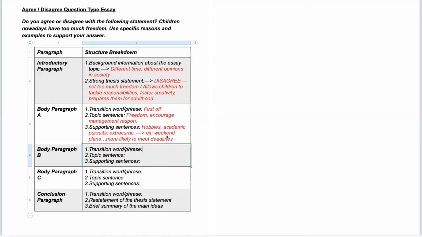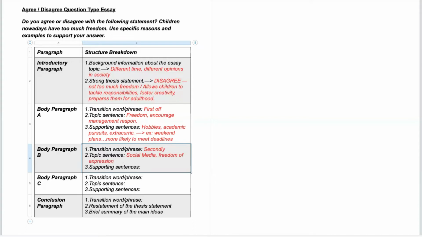As my transition word, since it's the second main idea, I'm going to say secondly. And again, I am going to talk about fostering creativity. So my topic sentence is going to be something about creativity, and I am going to talk about social media and freedom of expression. This is a great segue into creativity.